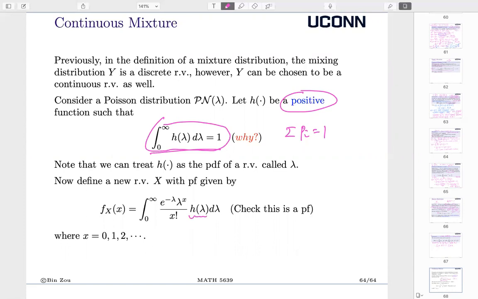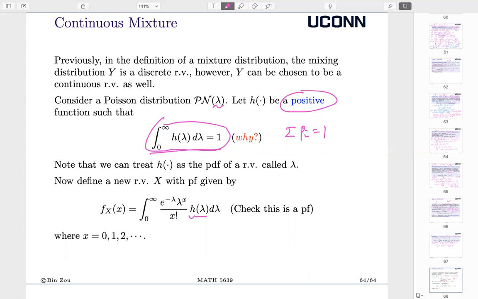Okay. So now when you do the mixture, you apply this specific function to each one of them. Here you have a Poisson distribution and you want to mixture it. So for a standard Poisson, lambda is a constant. Now you can think of a scenario that you don't exactly know the value of this parameter, right? But you roughly know the distribution of this parameter.